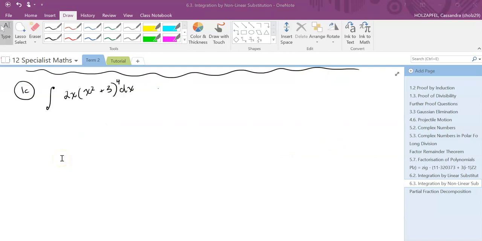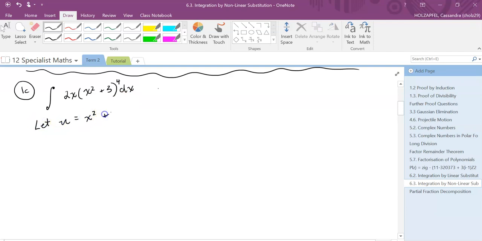Okay, so we've got our second example here, and we're going to do the same thing again. We're going to let the inside function equal to u. We're going to find the derivative of u with respect to x and rearrange so that we could substitute in to get rid of dx, and then we will be able to integrate with respect to u. Okay, so the first thing I'm going to do is let that inside function equal to u.